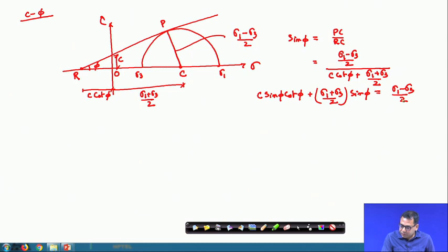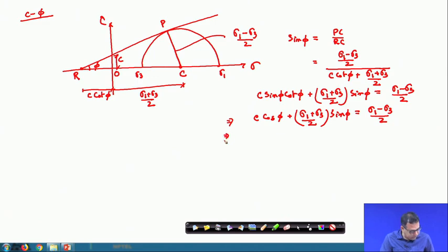Now, cot phi means cos phi divided by sin phi, so sin phi will cancel out. So I can write c cos phi plus sigma 1 plus sigma 3 divided by 2 sin phi will be equal to sigma 1 minus sigma 3 divided by 2.